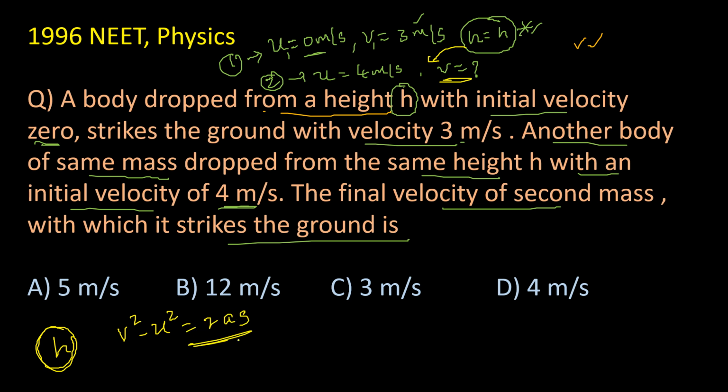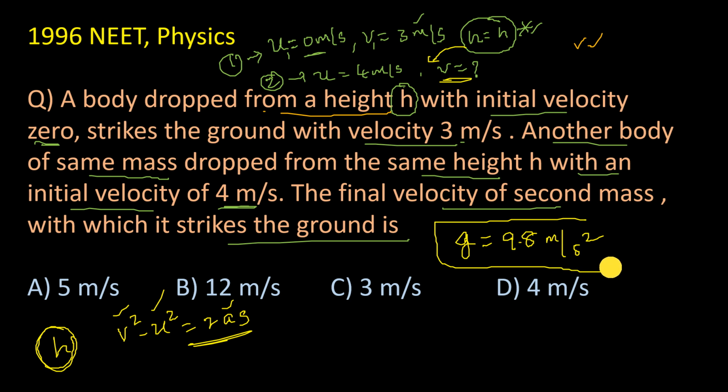Because the initial velocity is there, the final velocity is there, and the acceleration we can take as the standard value, G equal to 9.8 meters per second square. So we can find out H. This is the process.